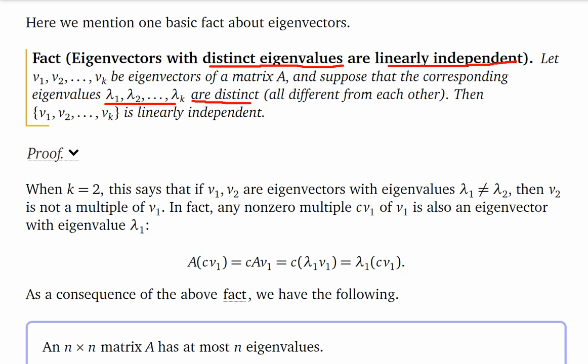Then I know that the set of its eigenvectors is linearly independent. And this also gives us some cool facts. For example, the most important one is the fact that there's a maximum of n eigenvalues. Why? Well, because I can't have more than n linearly independent vectors in a basis for Rn. So we know that there can't ever be more than n eigenvalues.